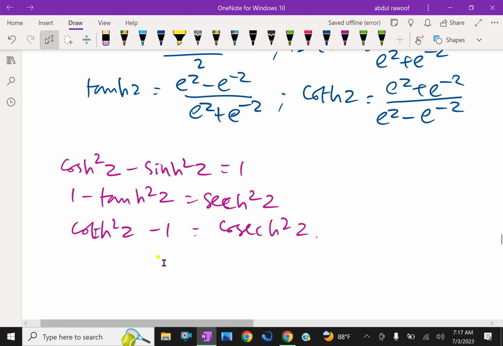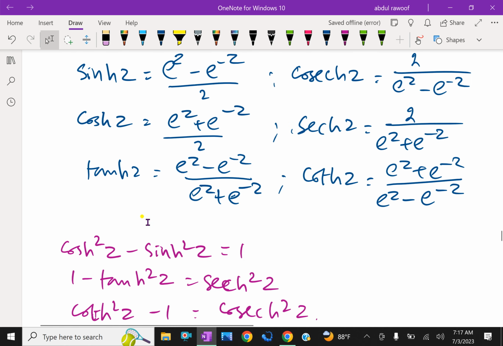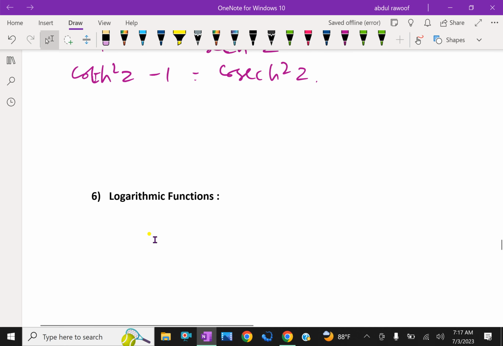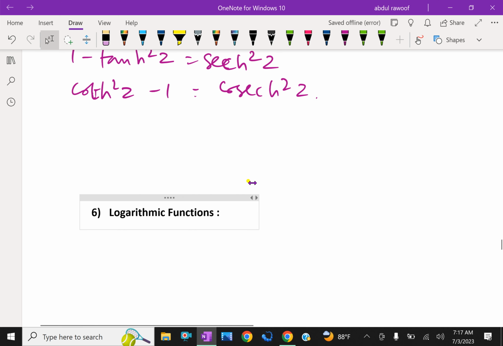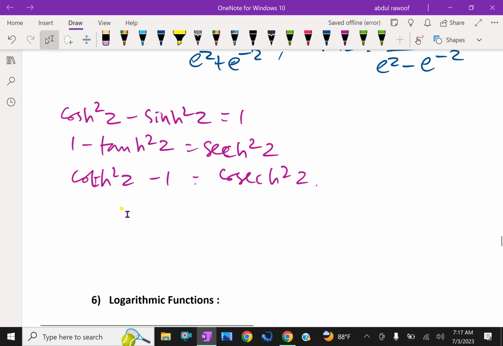Now same like a plus b also here. Sin, cos, tan of z1 plus z2 also you can express. Better to write that also.